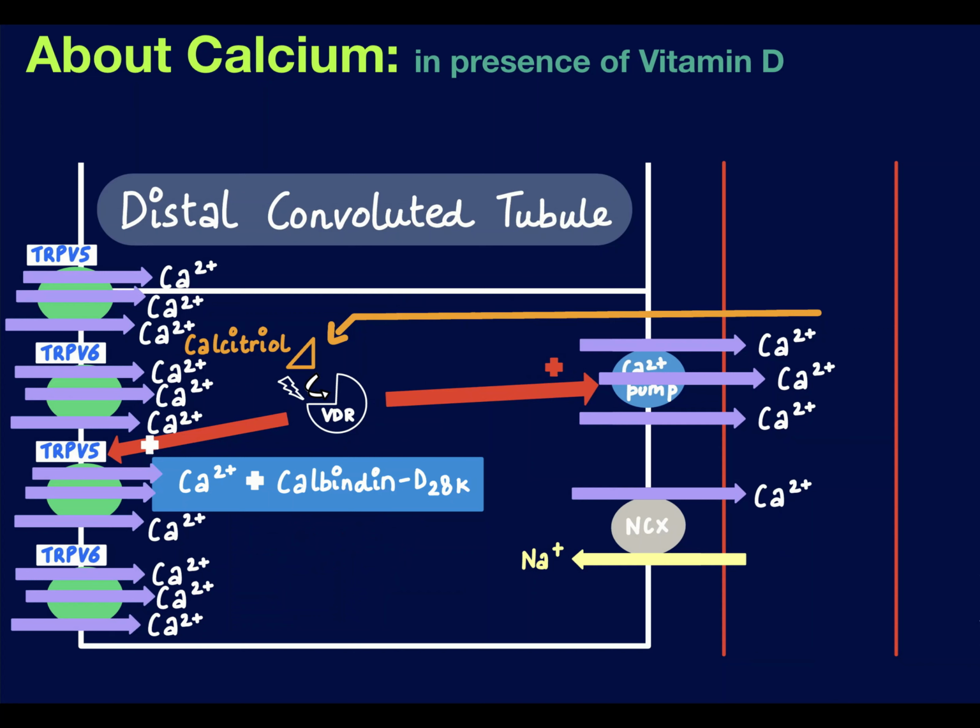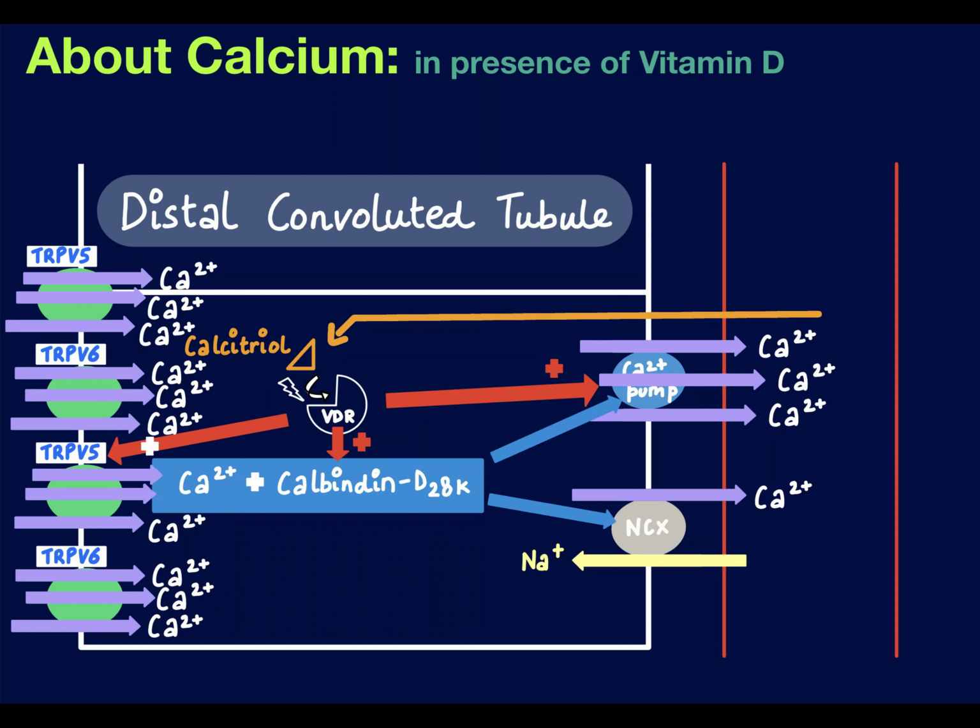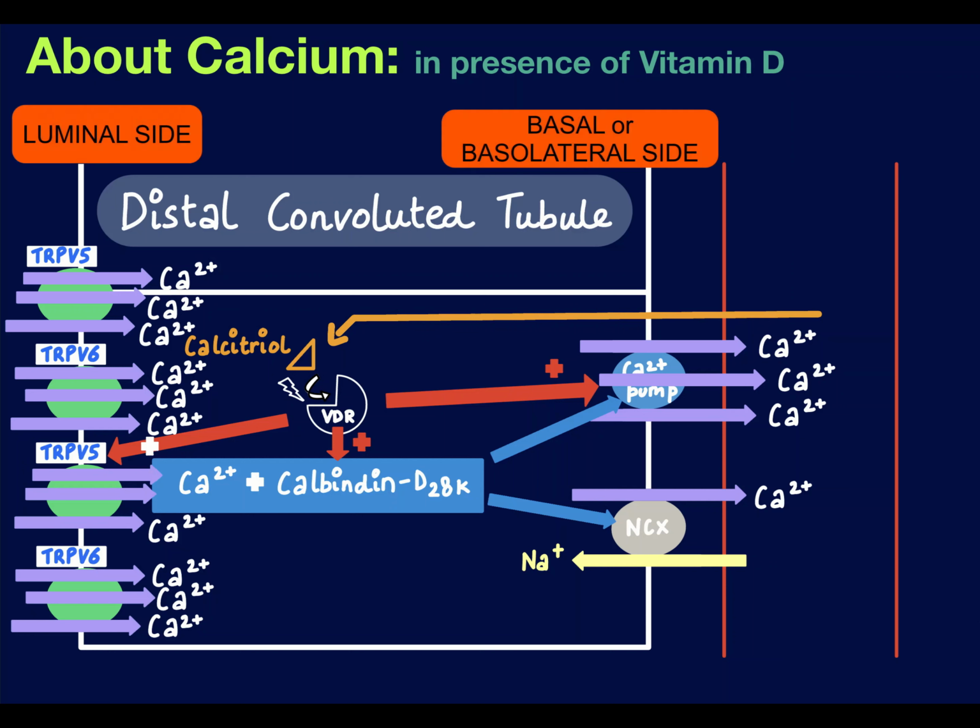The calcium that enters the distal tubular cells binds to calbindin and both form a complex. The activated VDR facilitates the formation of this complex. This complex then stimulates the calcium transporters present on the basal side, like the calcium pump and the NCX.